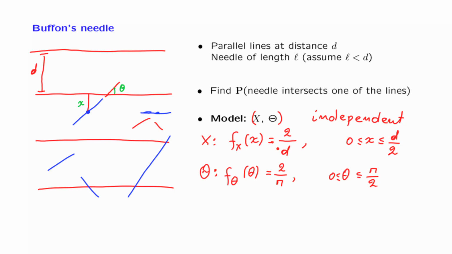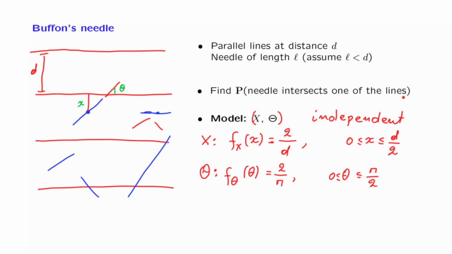The next step is much more streamlined. There's not going to be any choices. We just need to consider the event of interest, express it in terms of the random variables that we have in our hands, and then use the probability model that we have to calculate the probability of this particular event.